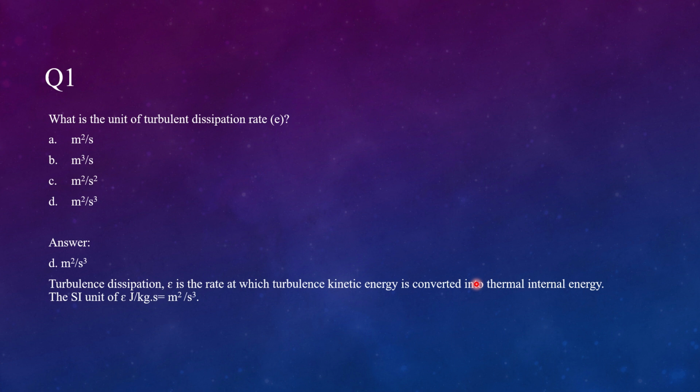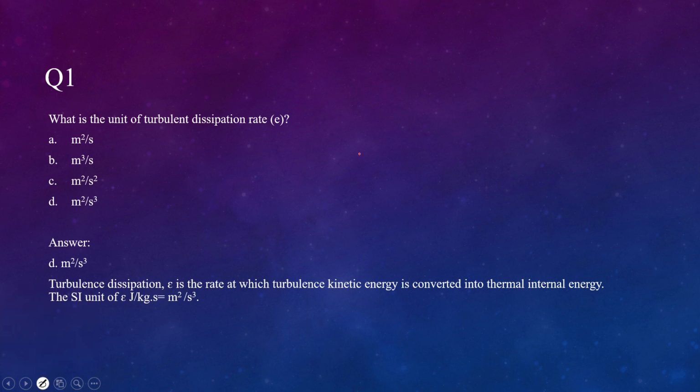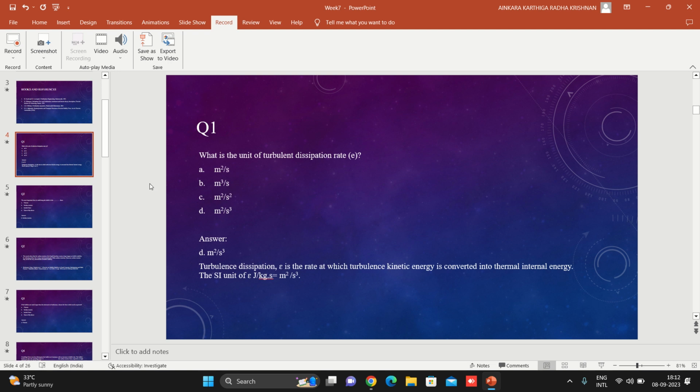So on converting the joules, we can see it like this, joules per kg. How can we say it is joules per kg second?